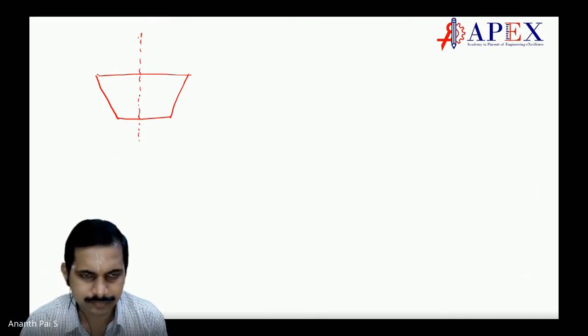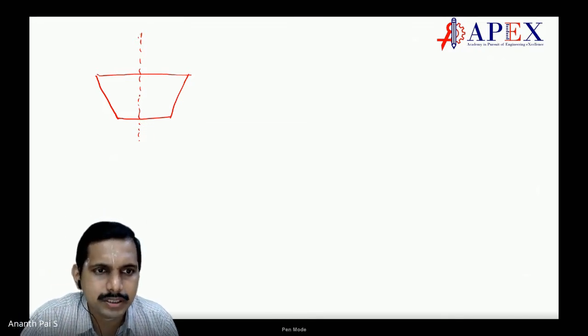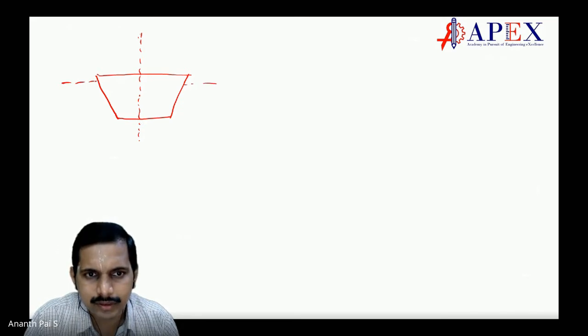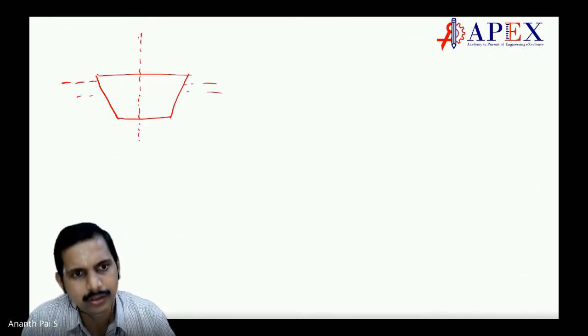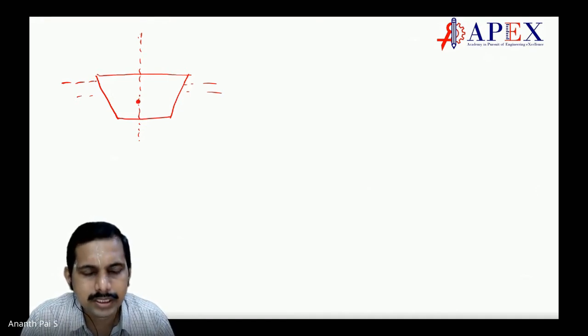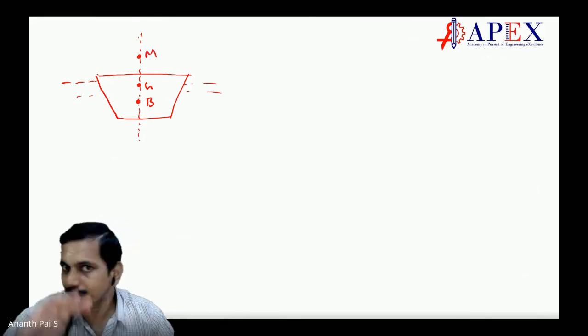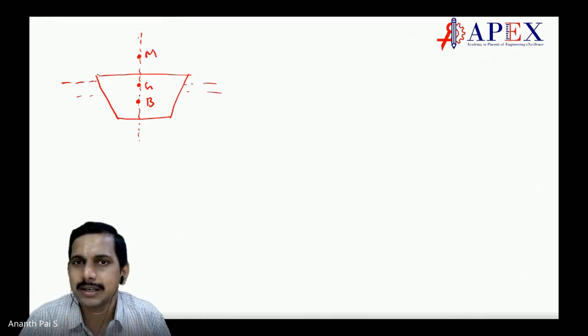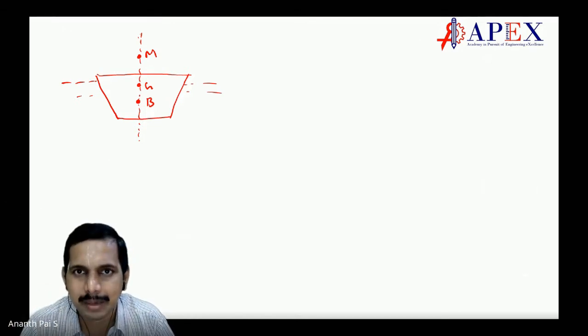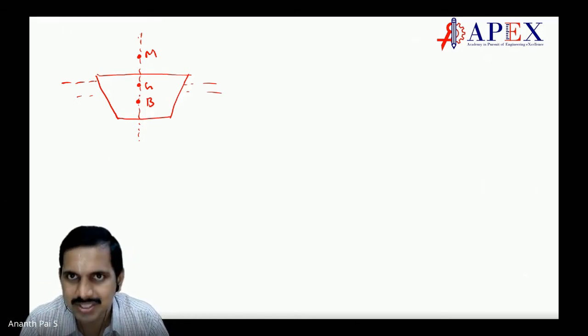It is not. So for a particular theta, for a particular angle of roll, this is B, this is G, and this is M. We have not rolled it, but still we are saying that is the maximum level till which M can go. The minimum level will always be G.